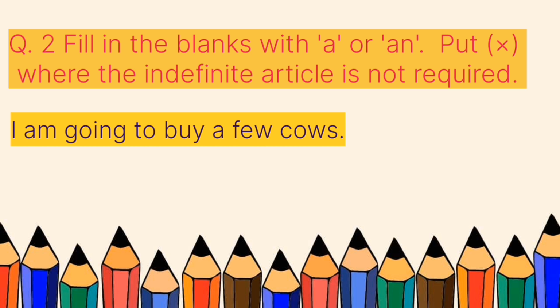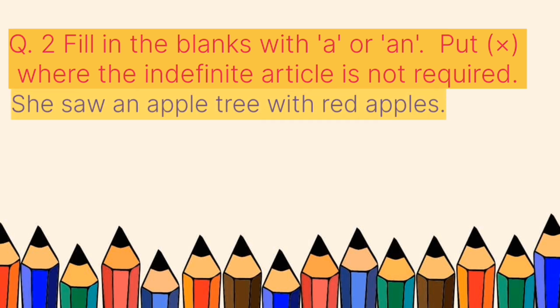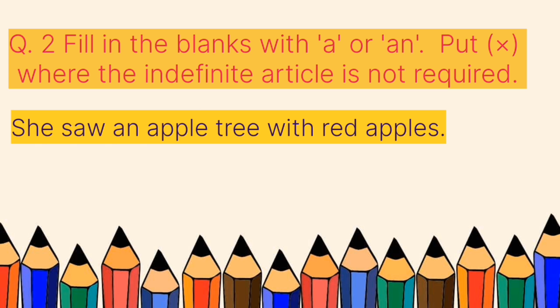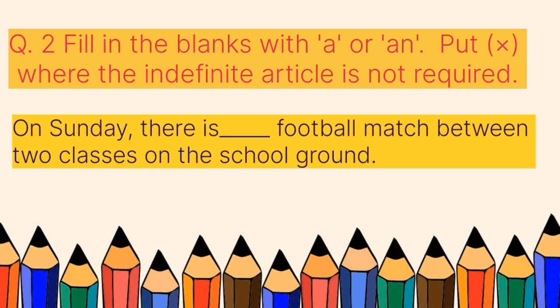Next example: she saw dash apple tree with red apples. The answer is: she saw an apple tree with red apples. Next example: on Sunday there is dash football match between two classes on the school ground.